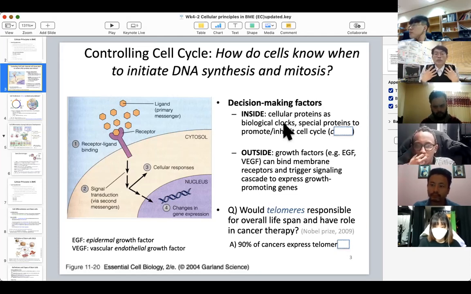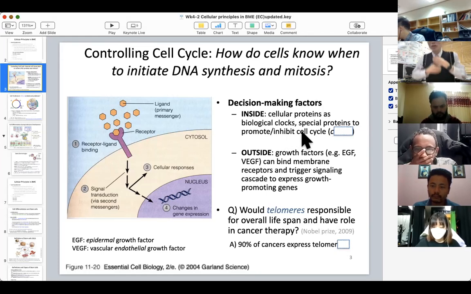But once we become an adult, once our growth is done, still there are times we have to grow. That depends on biological clocks, special proteins to promote and inhibit the cell cycle. You remember the cell cycle. So, for example, your skin and your gut have to continually renew.